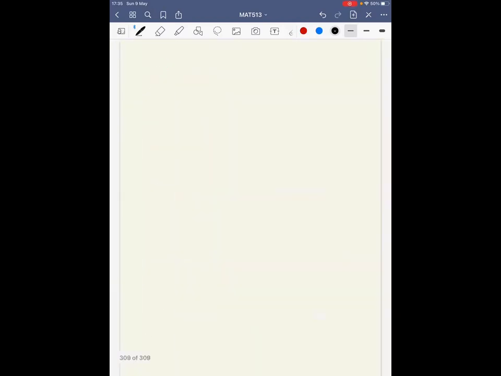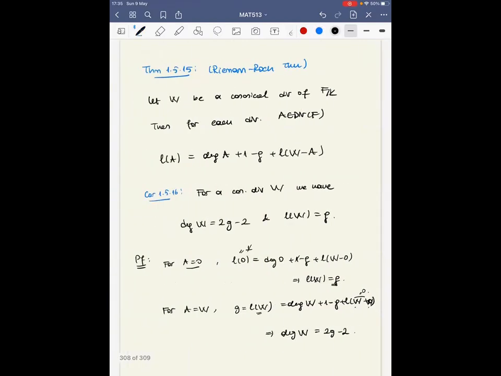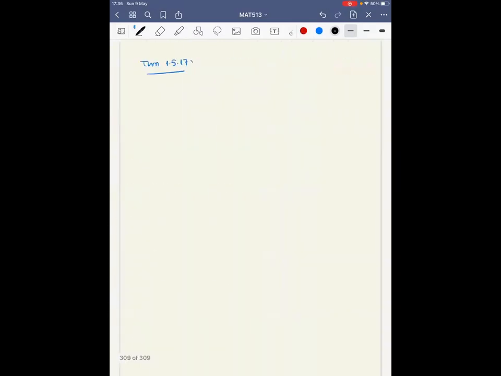And finally, thanks to having information about the degree of the canonical divisor and thanks to the statement of the Riemann-Roch theorem, we can again conclude that for any divisor of degree at least 2g minus 1, its dimension is exactly its degree plus 1 minus g.